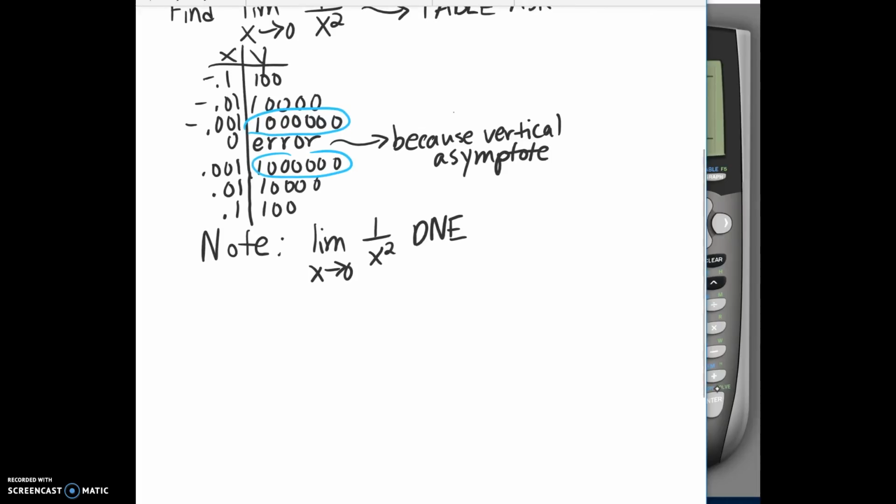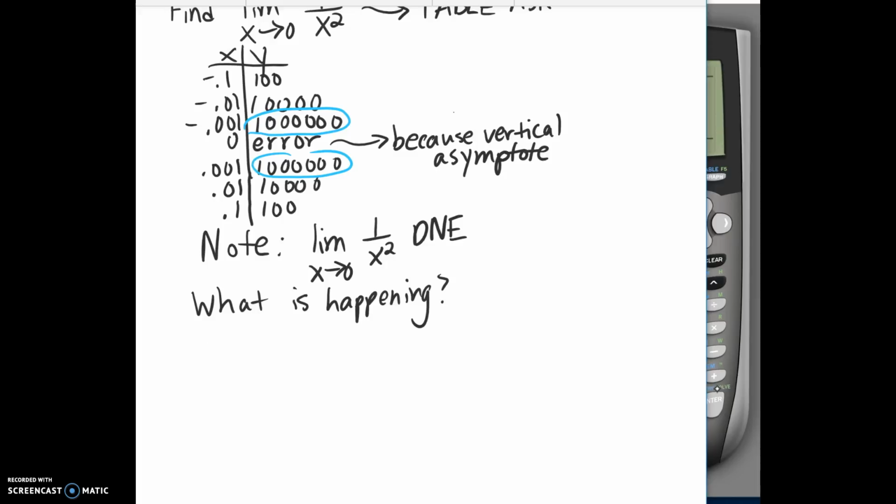But what we want to talk about is what's happening. So it's similar to what we did before when we were approaching a number. Here we're trying to go towards 0.